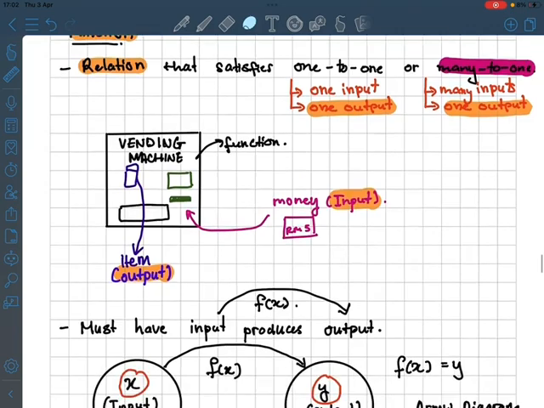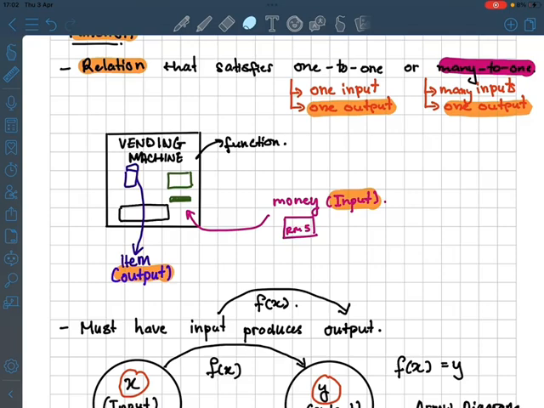For the vending machine analogy, just think of when we purchase an item in the vending machine, we need to have money. For example, I feed RM5 ringgit into the vending machine, and in return I get the item, for example Coca-Cola or whatever snacks you prefer. So the money here is the input, and in return we get the output.